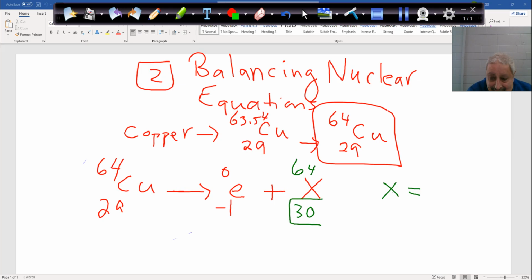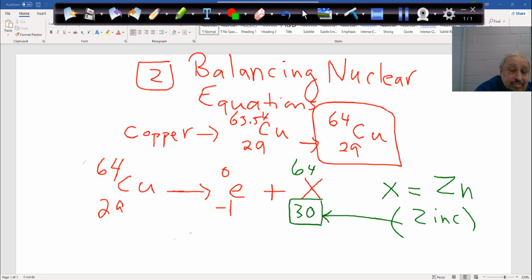Again, I go by the atomic number. What's the atomic number of 30 here? Somebody will tell me, 30? Zinc, correct? After copper, zinc. So this is Zn. This is zinc. Atomic number is 30. That's what we can recognize an element by its atomic number.